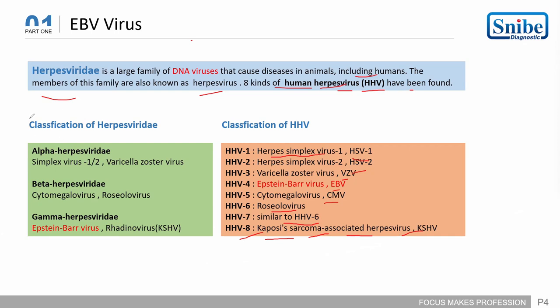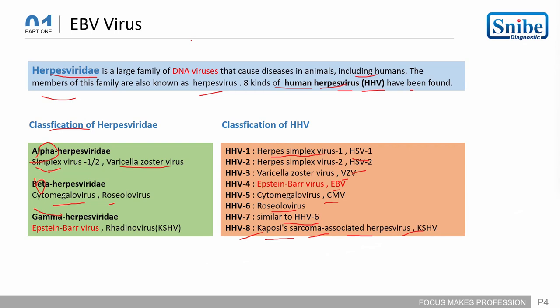And if we talk about the herpesviridae classification, they can be classified into alpha, beta, and gamma herpesviridae. Herpes simplex virus 1 and 2 and varicella zoster virus belong to the alpha herpesviridae family.